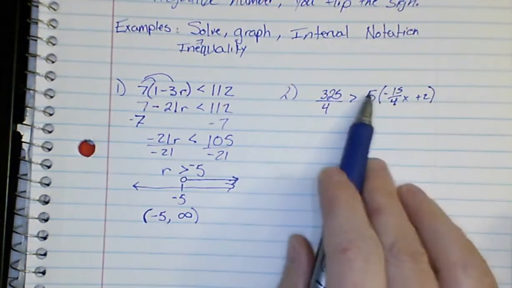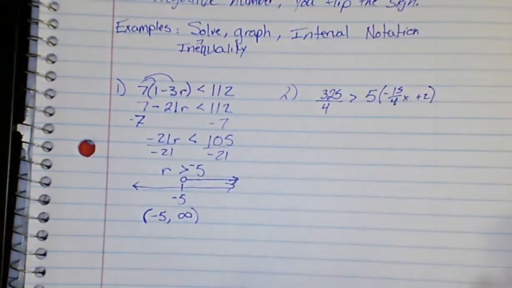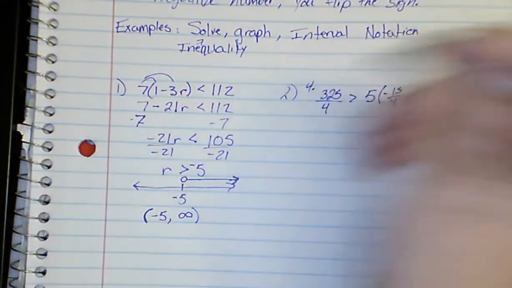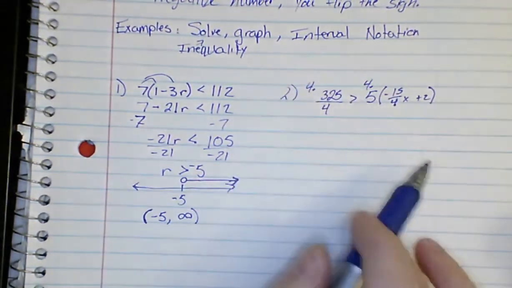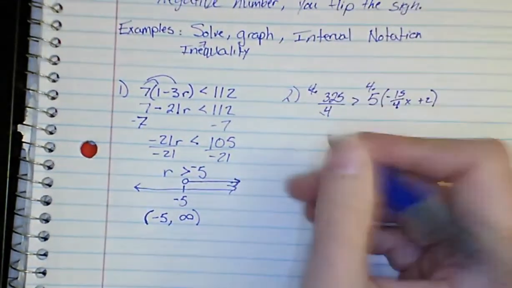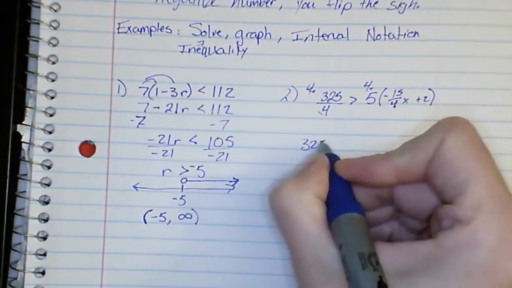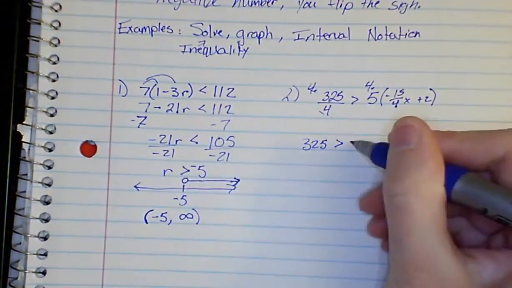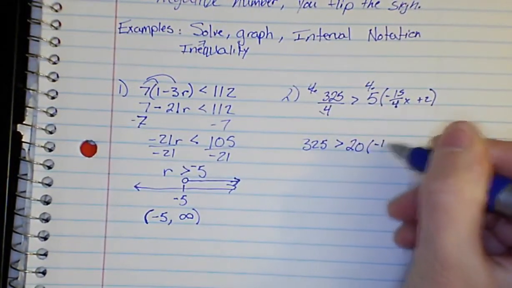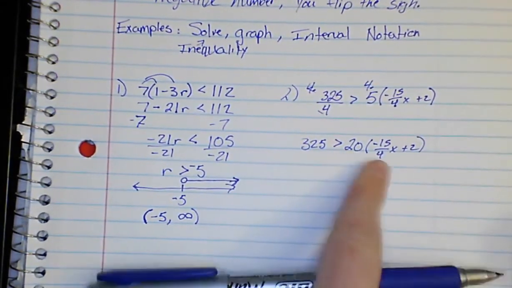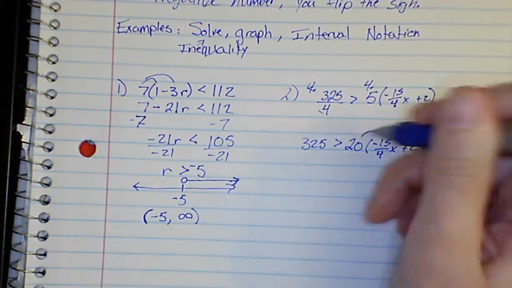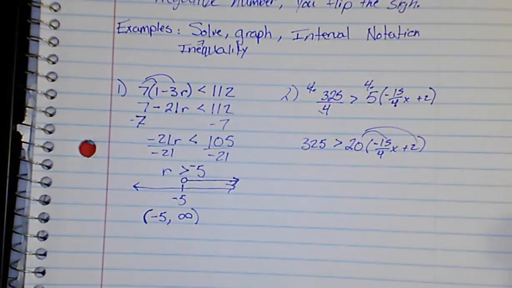We are going to multiply by 4 to each side and each term. 4's cancel out, giving us 325 is greater than 20 times negative 15 over 4x plus 2. Don't worry, when we multiply by 20, the 4 will cancel out.